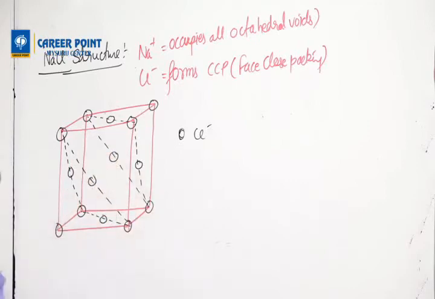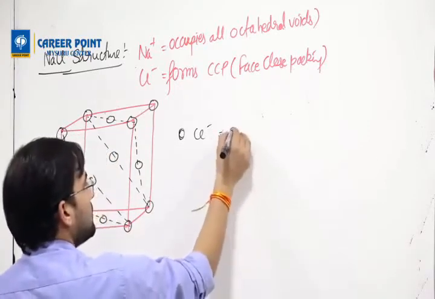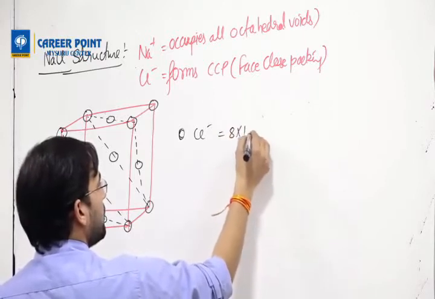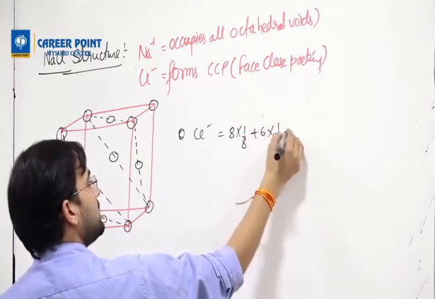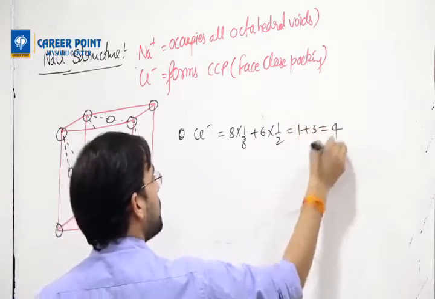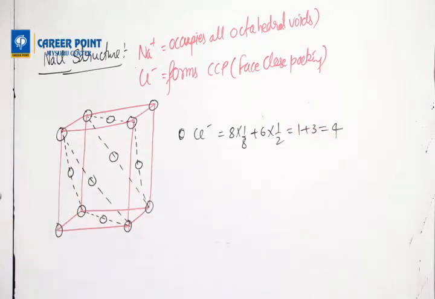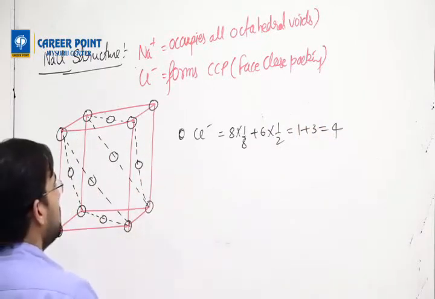Done. So these are Cl minus. Can I calculate how many there are? 8 into 1 by 8 plus 6 into 1 by 2, 1 plus 3 equals 4. So Cl minus are 4.